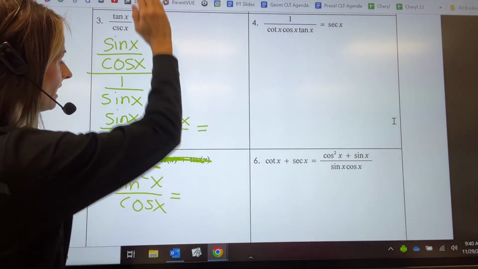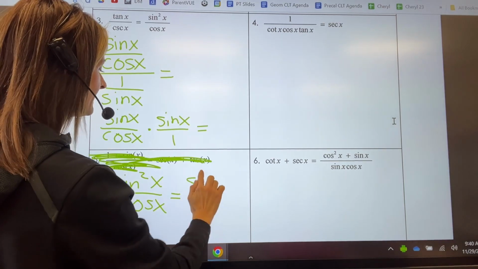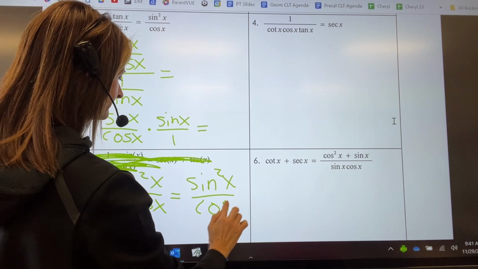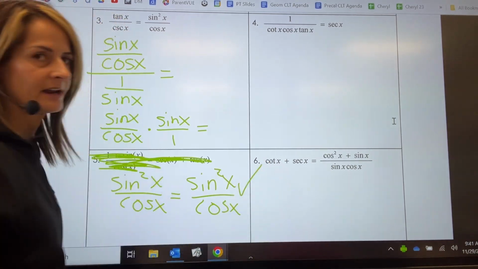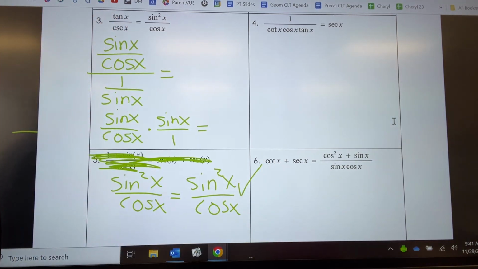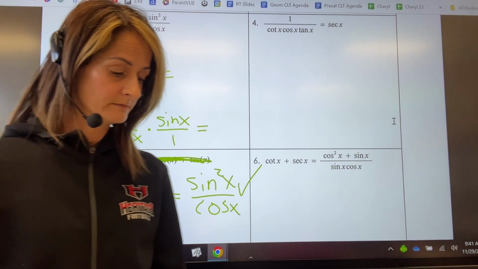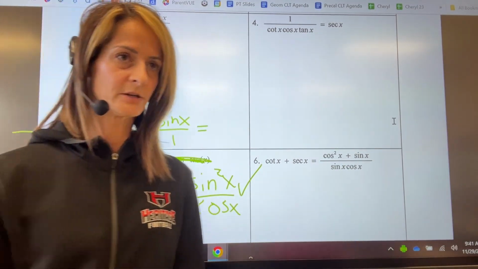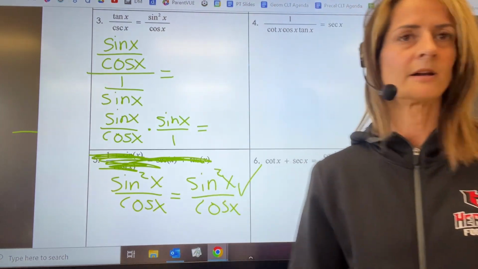Now I can write the other side because they're the same. And I have just verified that identity. And I did that problem when I did these problems the first time. I did it a different way, and I got the same answer. So there, it doesn't really matter.